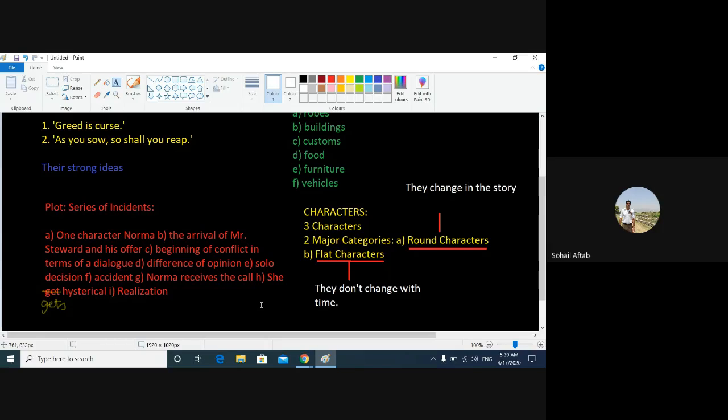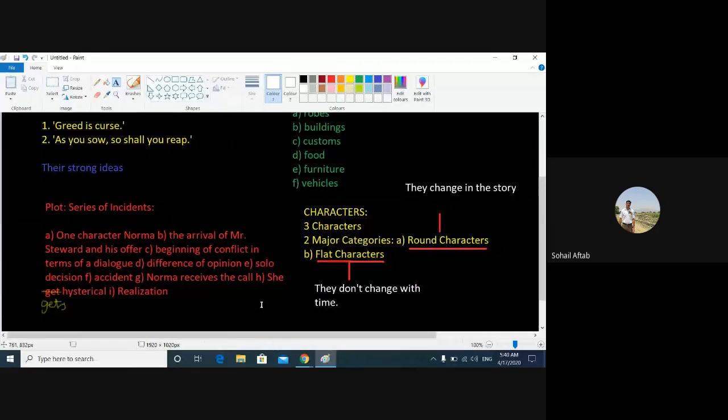What exactly I'll tell you about it is that round and flat characters are not just terms. This is a realistic division of people, those who are partially round and those who are fully round, and those who are flat characters.